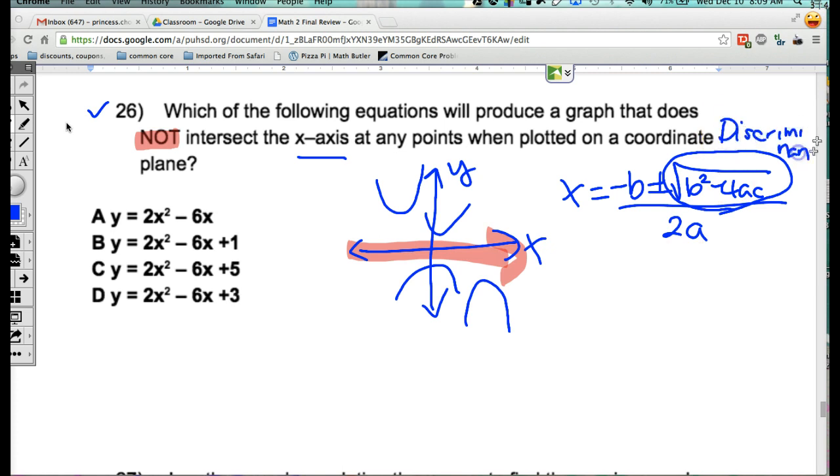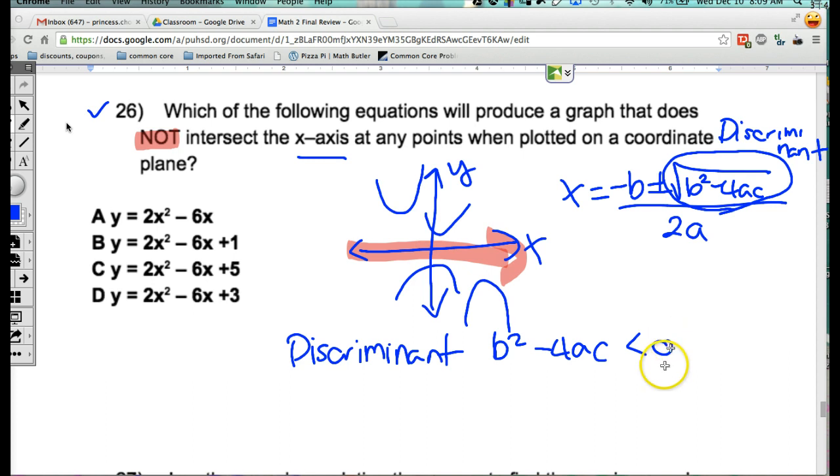Uh-oh, I don't have enough space. There you go, this is all supposed to be stuck together. Discriminant, okay? So when the discriminant, b squared minus 4ac, is less than 0, what that means is that that is a negative number, then the graph will not be touching the x-axis, okay?